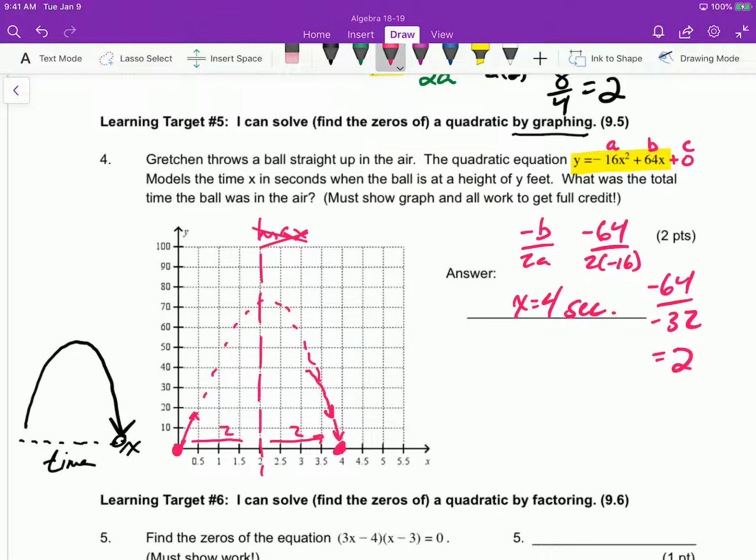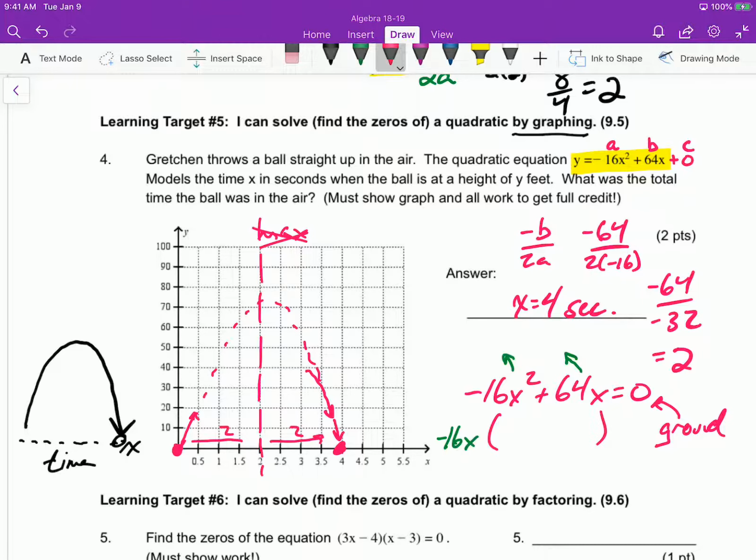Another way you can do this for reference is we learned later with reverse FOIL and factoring that we can kind of think, when would our equation equal 0, right? If it equals 0, that's where the ground is. So I notice that I only have two terms and that there is quite a bit that they have in common. So these both have negative 16 and an x in common.